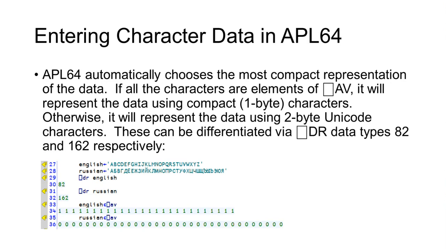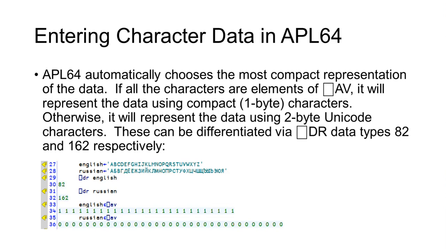When you enter a string in single or double quotes, APL64 automatically chooses the most compact representation for that data. If all the characters are elements of quad AV, it will represent that data in the compact 1-byte character set, the Z code character set. Otherwise, it uses the 2-byte Unicode characters.